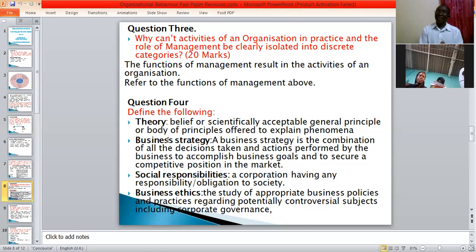I usually give examples where you are doing business and you discover that you want to make abnormal profits. All that you do is to start adding water to oil. That undermines the business ethics of an organization. So those are some of the examples we give when you're talking about business ethics. Please don't do that.